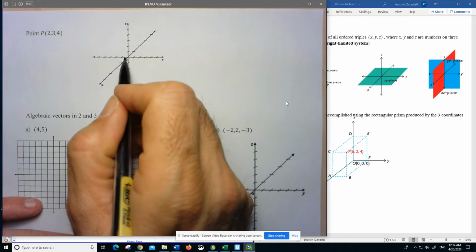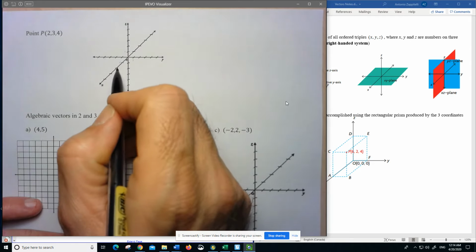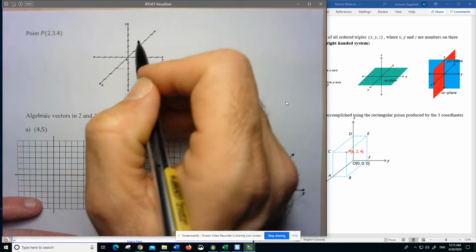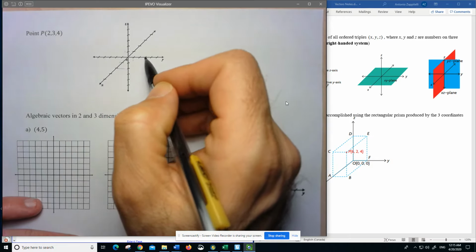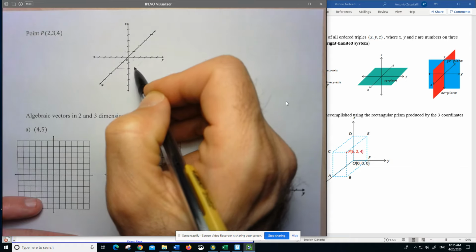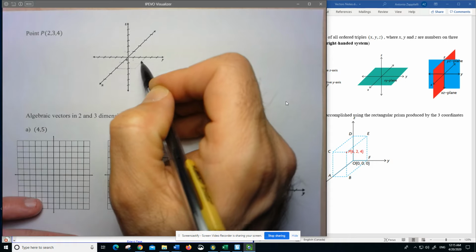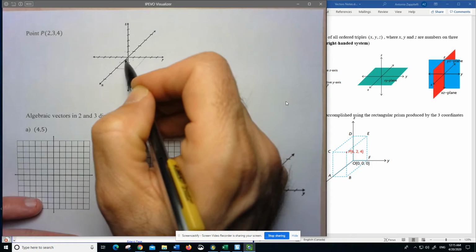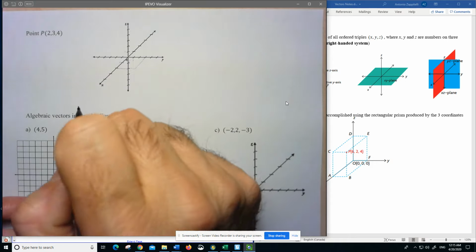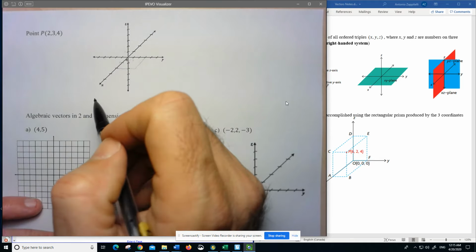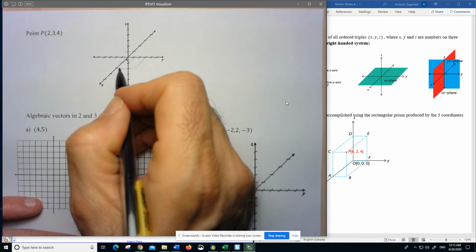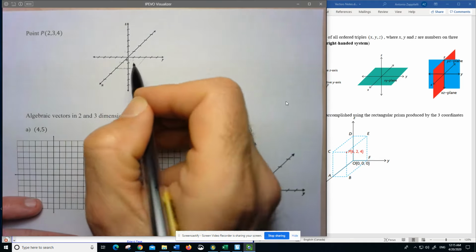But remember, I want to travel horizontally, so I want to travel parallel to the y-axis. Okay, 3 units. So you see what I'm going to do is create this parallelogram. It's actually a rectangle, because remember, the angle here is 90 degrees. It's going to look like a parallelogram, but really represents a rectangle.